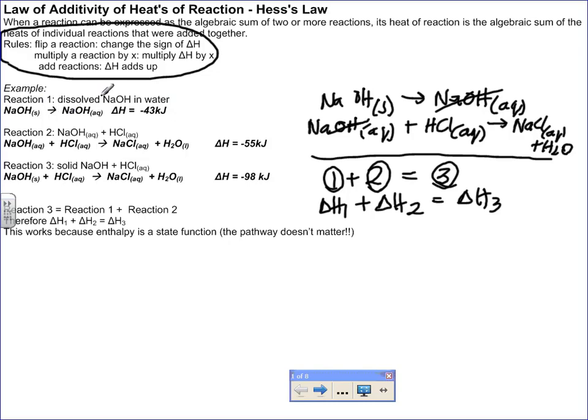So for example, the 43 kilojoules released occurs when 1 mole of sodium hydroxide is dissolved. So if we changed this and had 2 moles of sodium hydroxide dissolving, then the amount of energy that we released would be double. Because whatever we do to the equation, the same is going to apply to the delta H value.